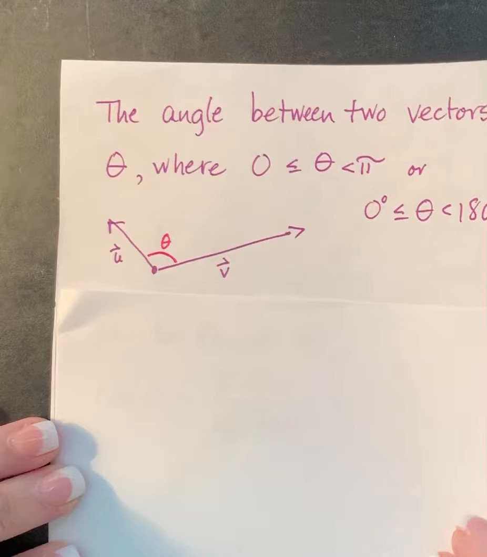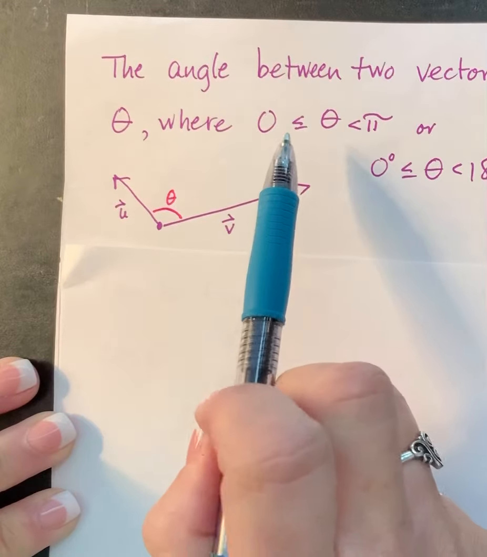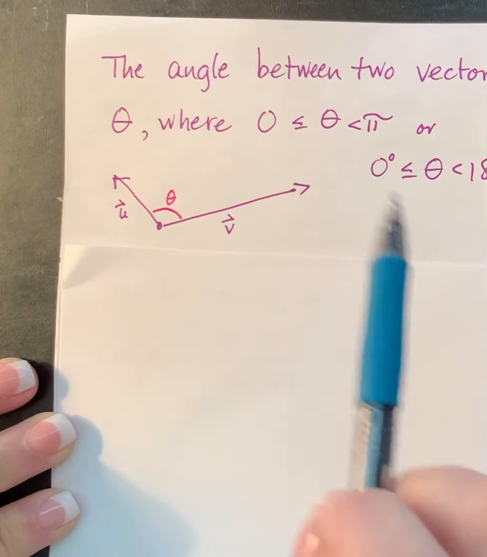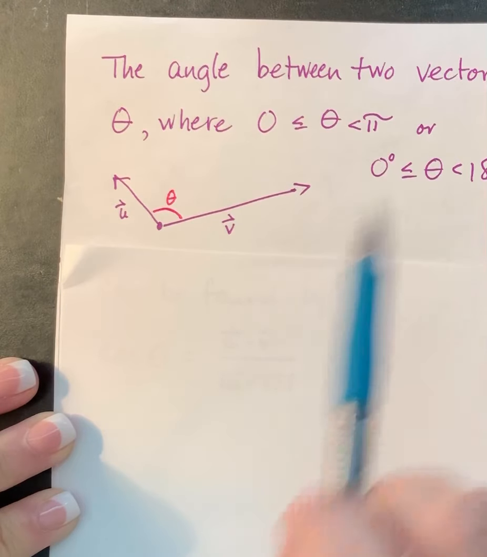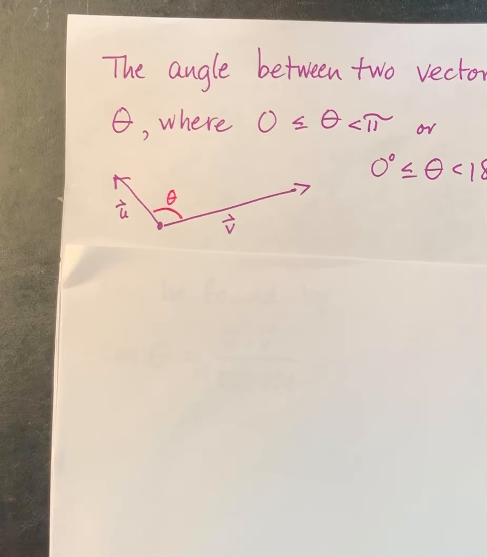Okay, an area where you use the dot product is finding the angle between two vectors. All right, now we are restricting ourselves to measuring the angle between 0 and pi radians, or if you're doing degrees, 0 and 180 degrees. Normally I would do the proof of this that uses the law of cosines, but we'll just go straight to how it works.